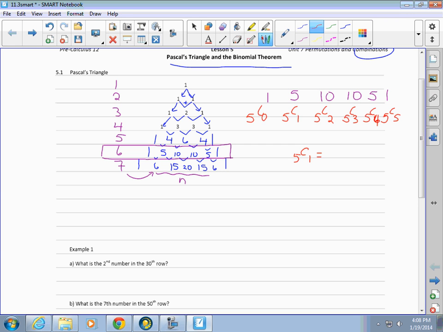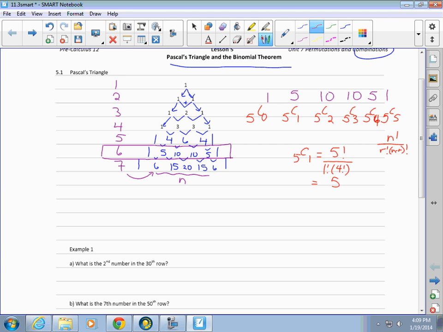If I use my formula, and remember my formula is n factorial over r factorial times n minus r factorial, that would be 5 factorial over 1 factorial times 5 minus 1 factorial, which is 4 factorial. 1 factorial is just 1, so if you calculate it out, it equals 5. And my 5C1 is a 5 there. Same thing if you did it for 5 choose 2. We have 5 factorial over 2 factorial times 3 factorial, and when you reduce it down, it's going to give you a 10.